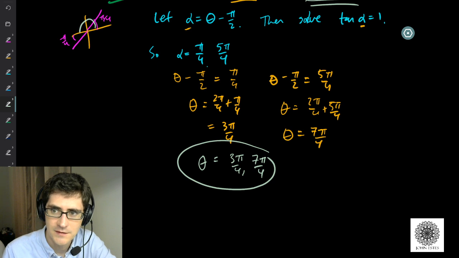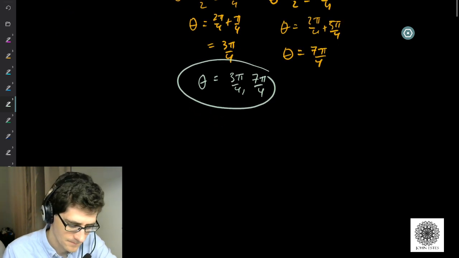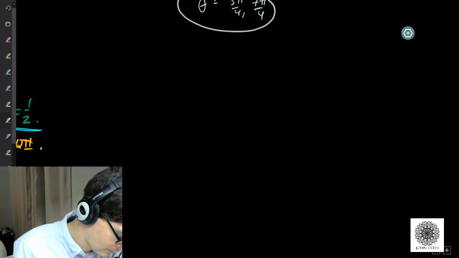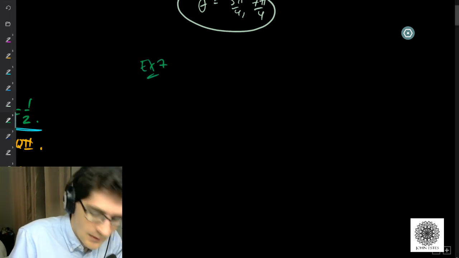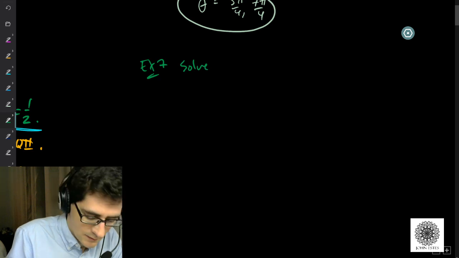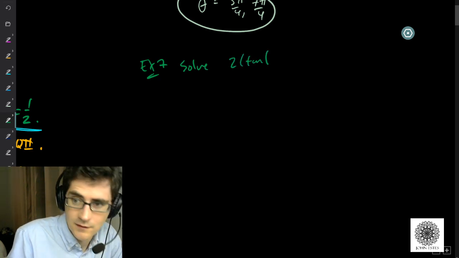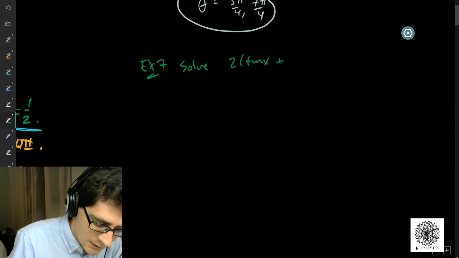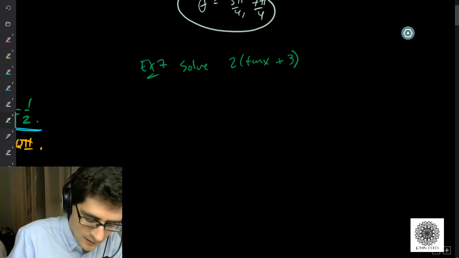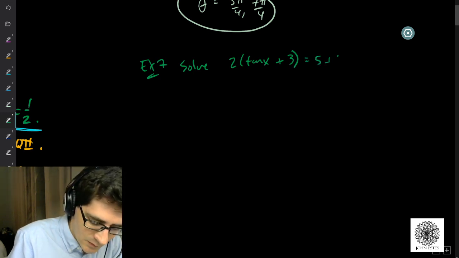Okay, so this time we want to solve. This is example 7 in the text, and I want to solve 2 tangent. Oh, let's be careful in the way we write this. Parentheses matter, right? 2 tangent x plus 3 equals 5 plus tangent x.